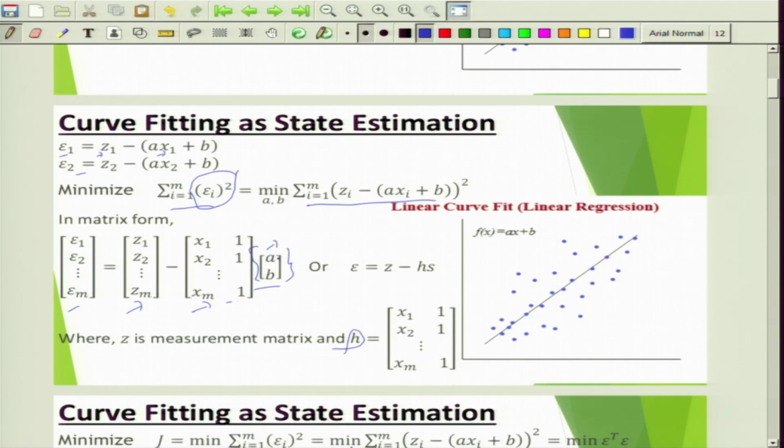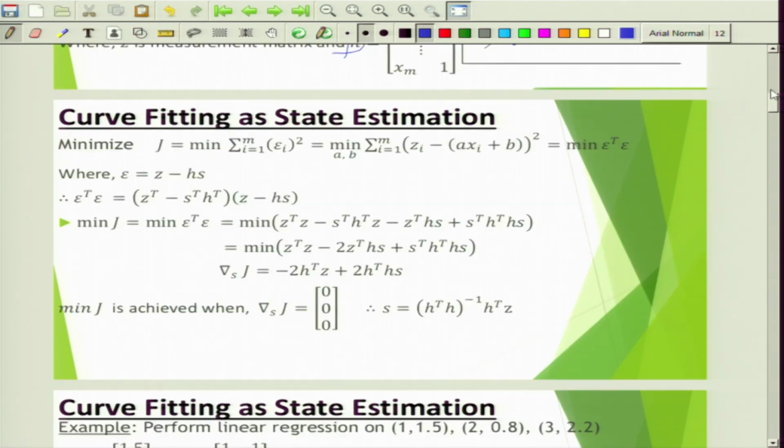This is the matrix that you need to find out, A and B, right. So you can express the error matrix epsilon as Z minus H into S, right. Now the objective is to minimize this error, that is, minimize the difference between Z, which is the actual measurement, and this estimated matrix Ax plus B, right.